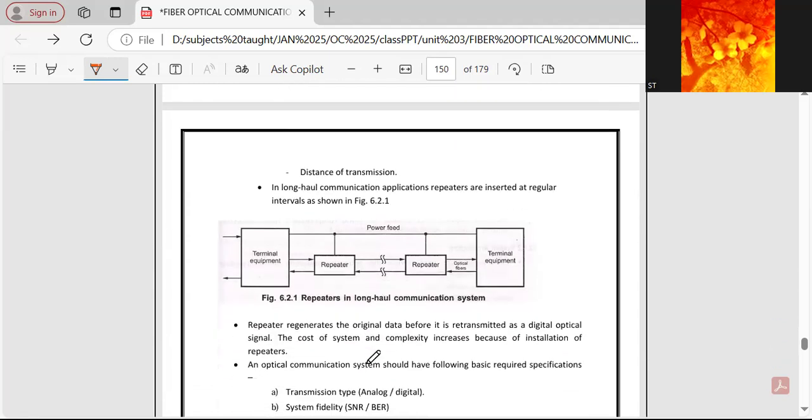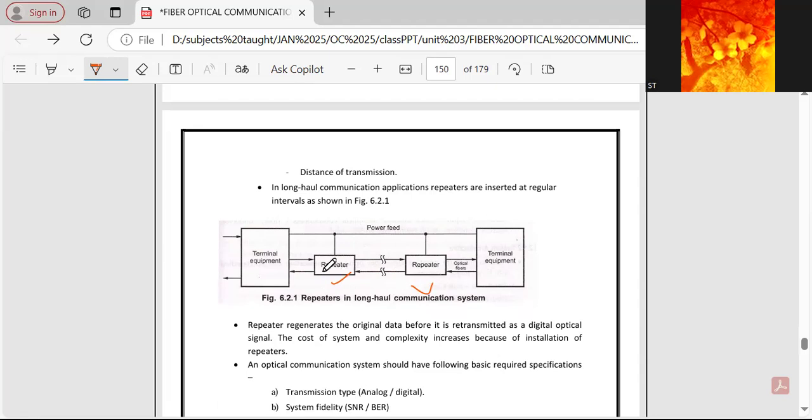So here you can see, if we are designing an optical communication system for long distance, then we need repeaters in between the terminal equipment. And what is the function of these repeaters? These repeaters regenerate the original data before transmitting to the digital optical link.